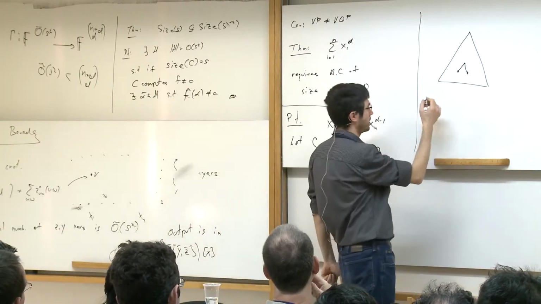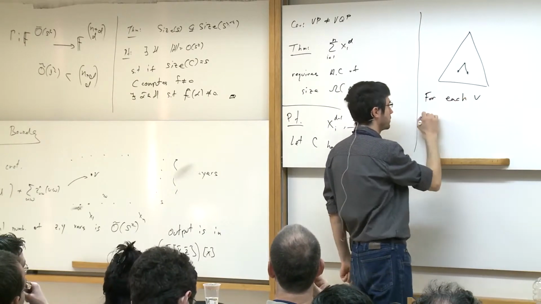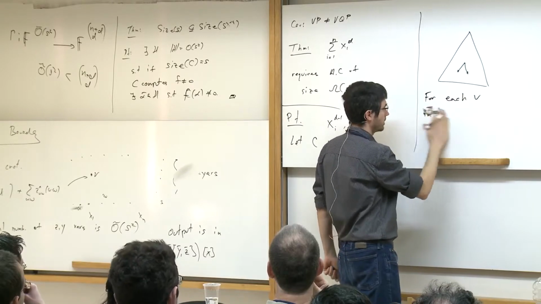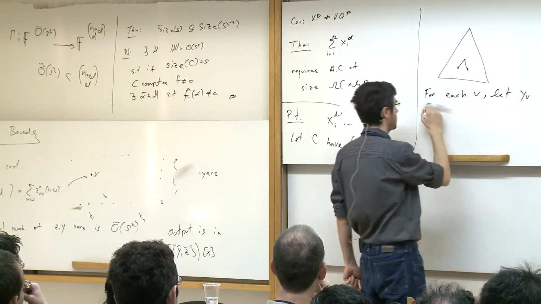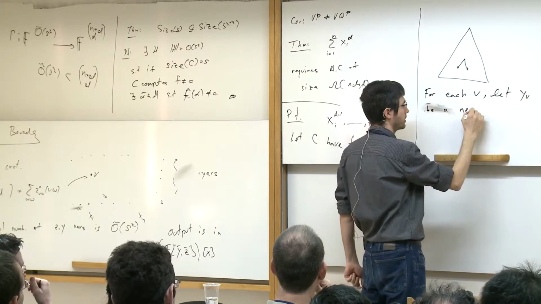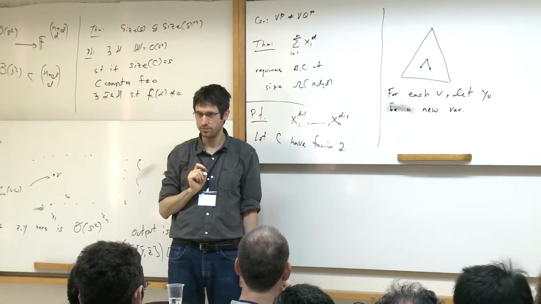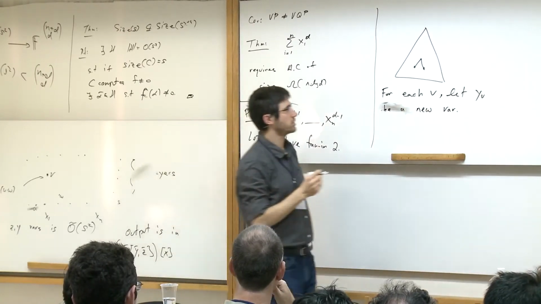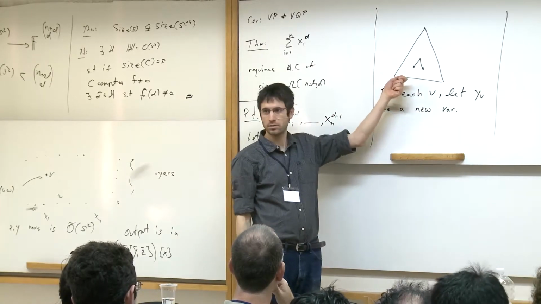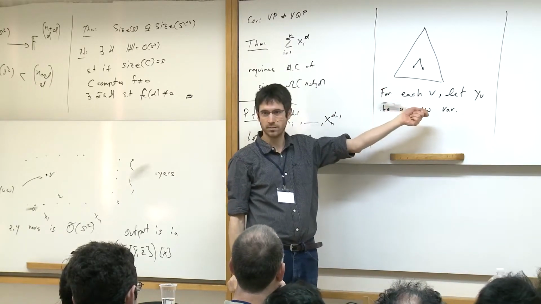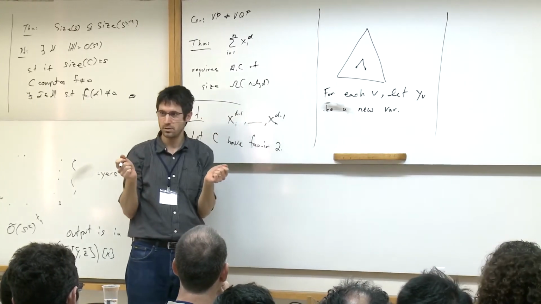For each gate v, let y_v be a new variable. So we introduce a new variable, one for each gate. And now I want to capture the computation with those variables. I'm going to introduce a set of equations.